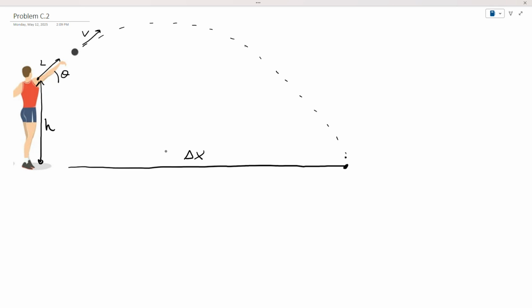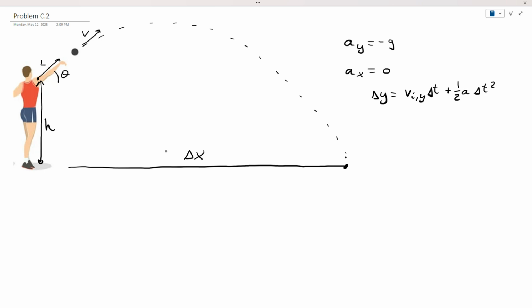We're going to use the principle that the acceleration in y is equal to minus g, but in the air, the acceleration in x is 0. To solve the problem, we're going to use the equation delta y is equal to v initial in y times delta t plus 1/2 acceleration times delta t squared.